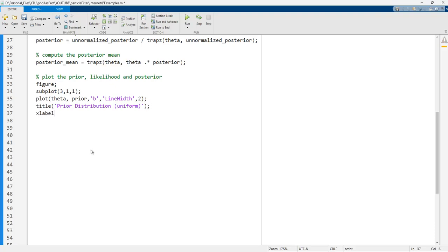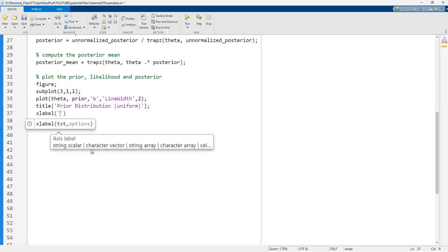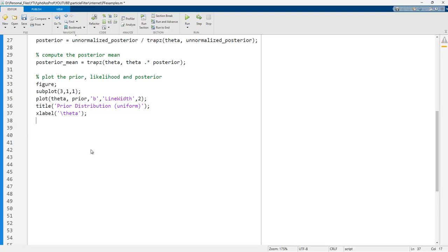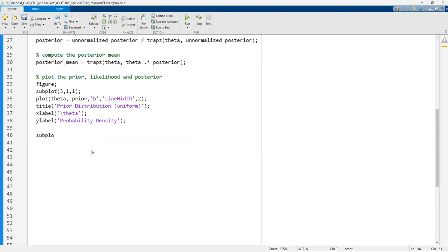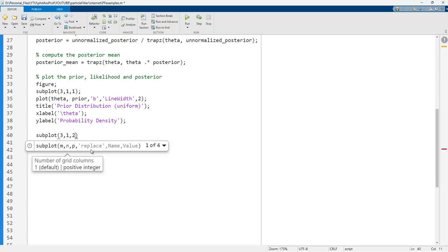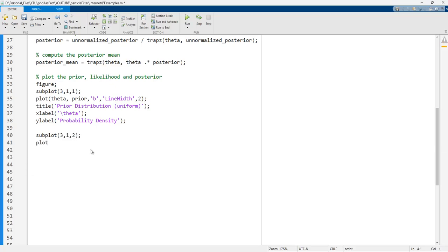X label theta, Y label probability density. And after that subplot 3,1,2, and the same plot condition is given here.